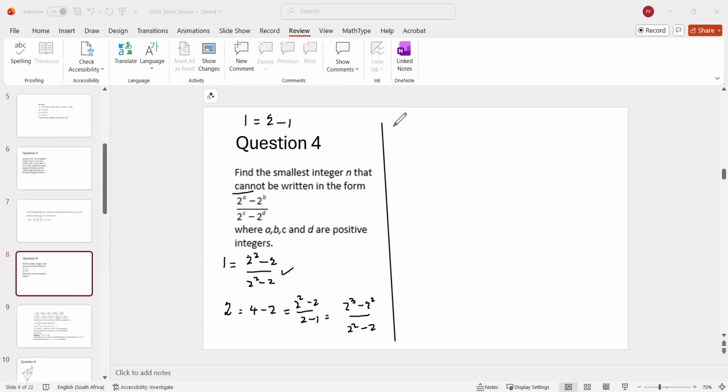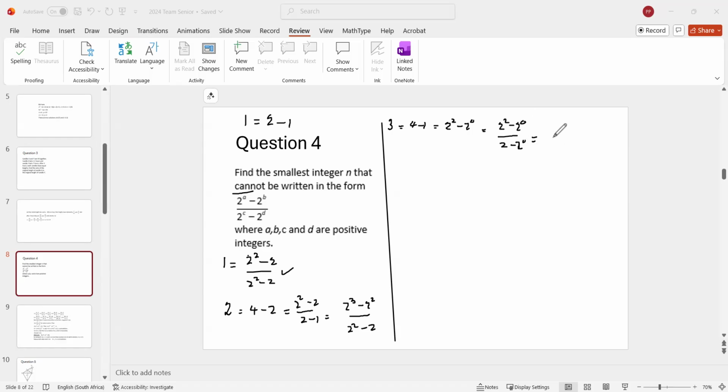Like if you take 3 now, this is 4 minus 1. And these are powers of 2: 2 squared minus 2 to the power of 0. And as we said, this is 2 squared minus 2 to the 0 over 2 minus 1. Right? And this is also 2 to the 0.